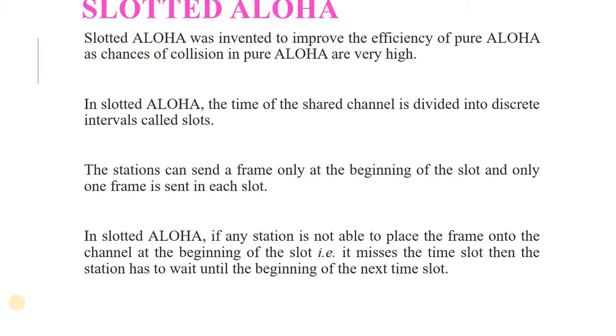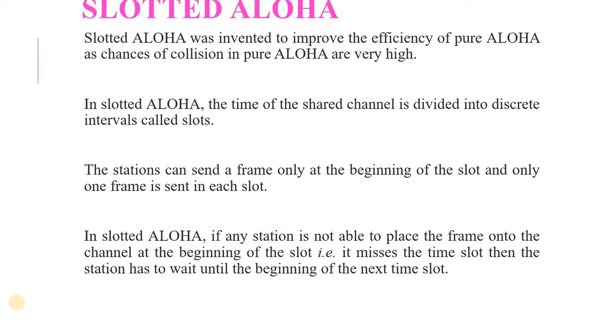As we have seen in our previous video, pure ALOHA has very high chances of collision because anyone can start communication at any time, so it may happen that multiple stations start communication simultaneously, so a collision is created.